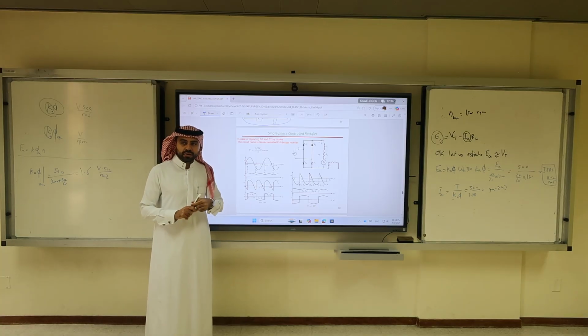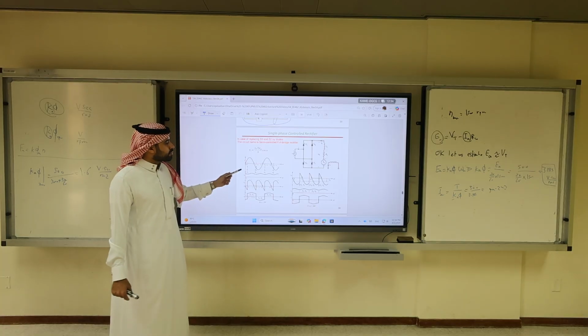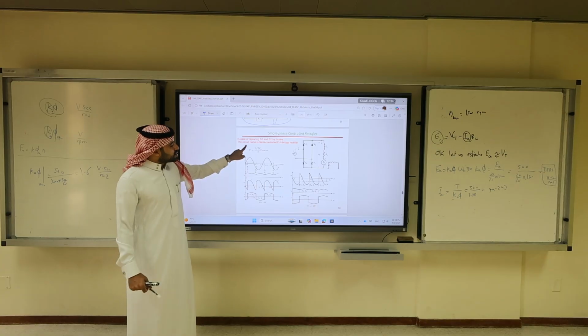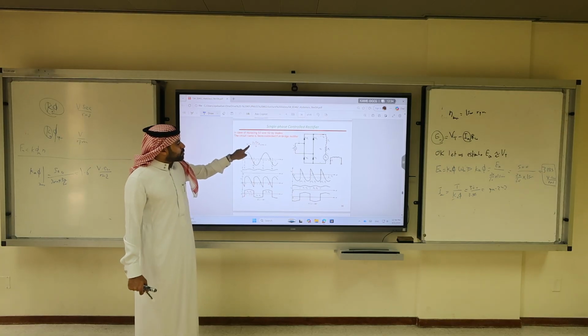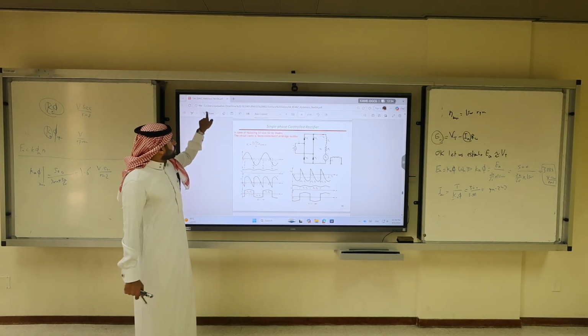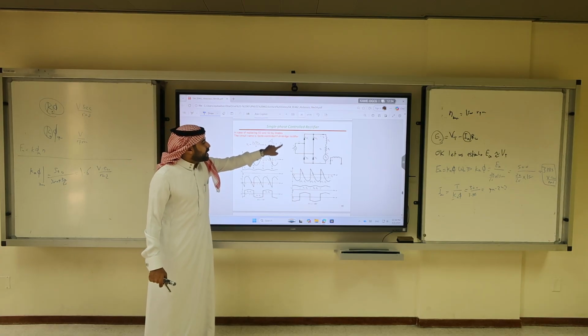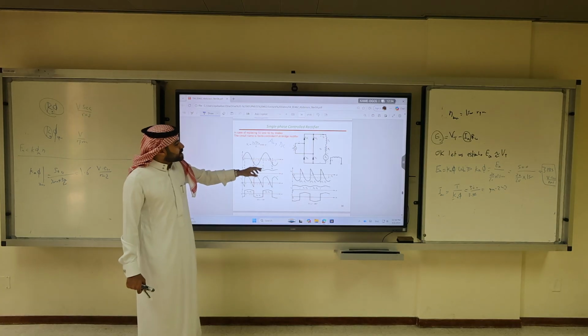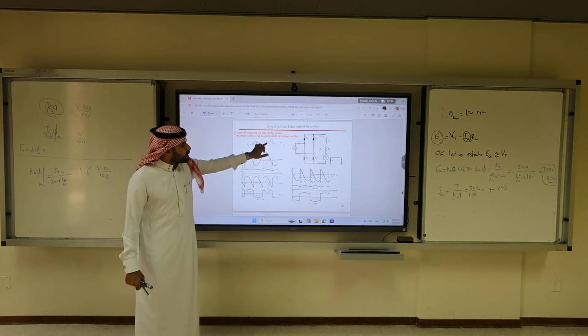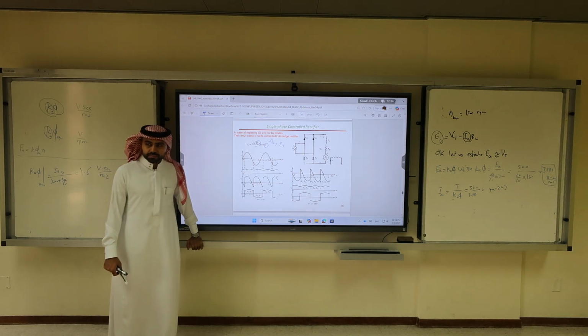Please focus with me. We already explained it before. What is this equation? This equation is the average DC that you get by a firing angle alpha from a supply phase voltage.